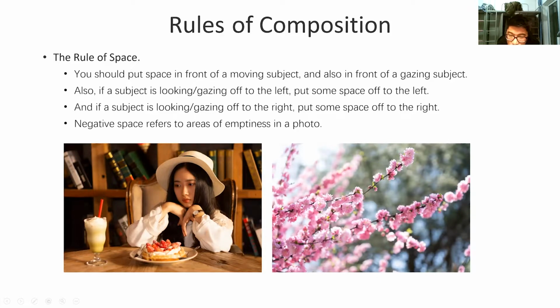When this flower is stretched in this way, you should give it a little bit of space in this direction, but if you give a lot of space in the other direction, it will feel a little weird. When you take a car or moving subject, for example a car moving this way, you'd better put more space in front of it, right? So this is the rule of space.